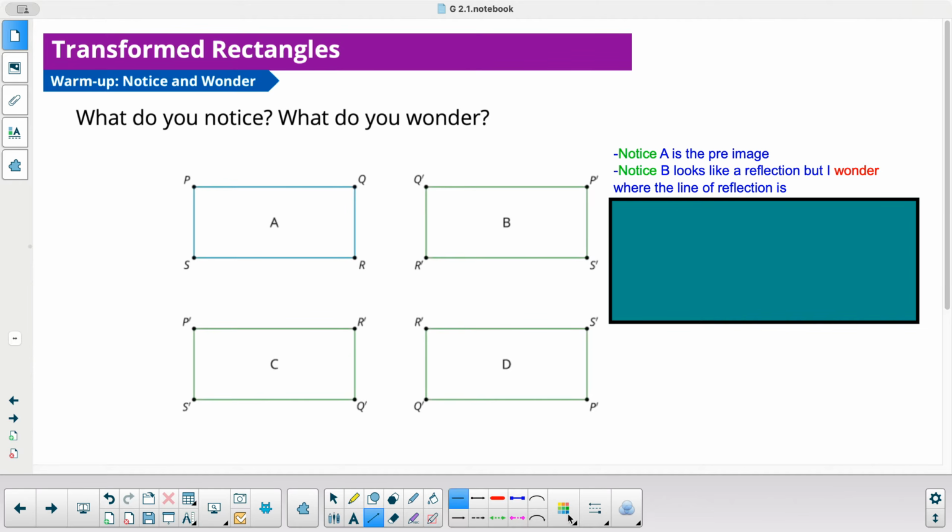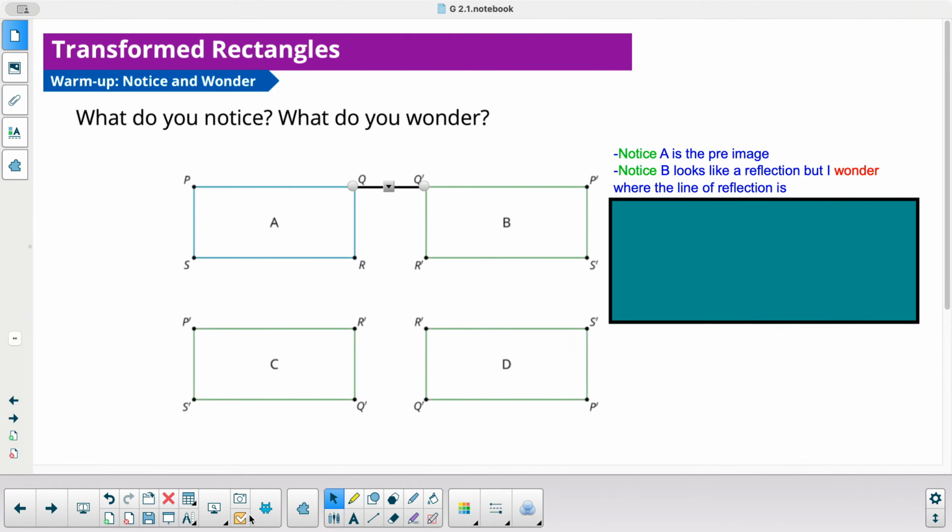Okay, obviously your line of reflection is going to be right here if I want to reflect A to B. If I wanted to be more accurate with that line of reflection, a better way to do it would be to construct this segment right here. Let me change that, make that solid.